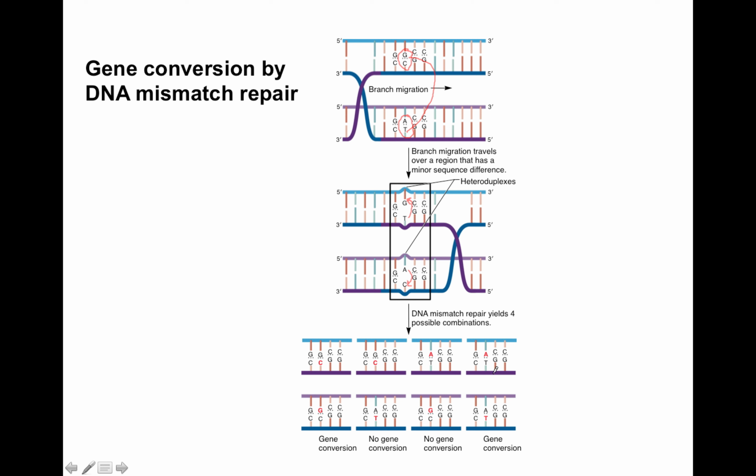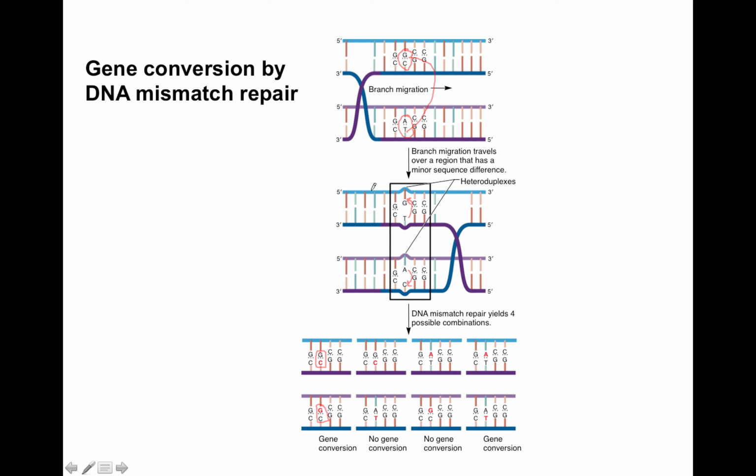2 of them convert the gene to one of the 2 alleles that existed at the beginning. So if we have a gene conversion, here we have both of these base pairs now being a GC base pair, whereas up here we had allelic variation. We had one allele with a GC base pair and the other with the AT.